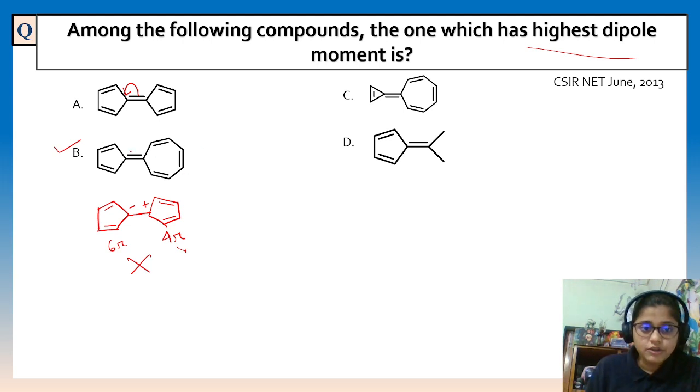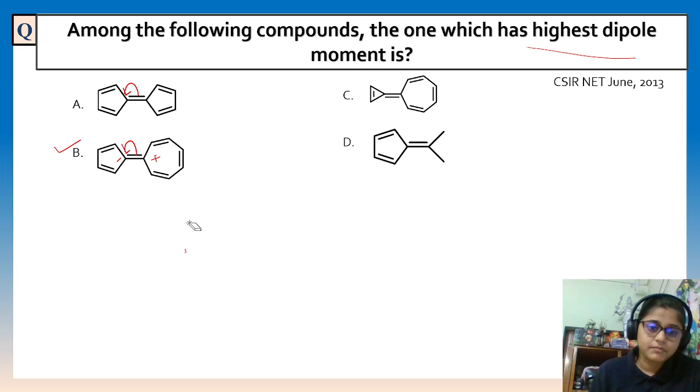Okay. So there are two possibilities, we have to check two possibilities. If we break like this, then it has a positive charge and it will have a negative charge. Okay, 1, 2, 3, 4, 5, 6. Okay, I can remove that.